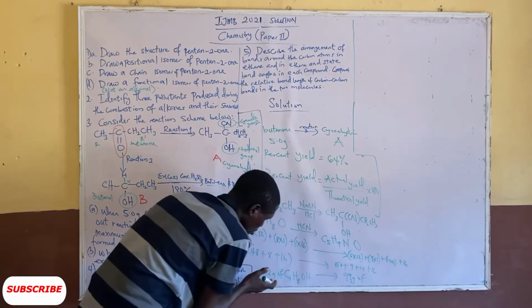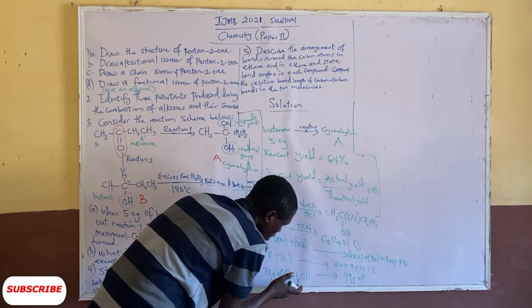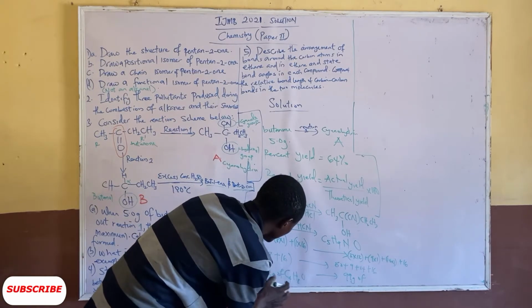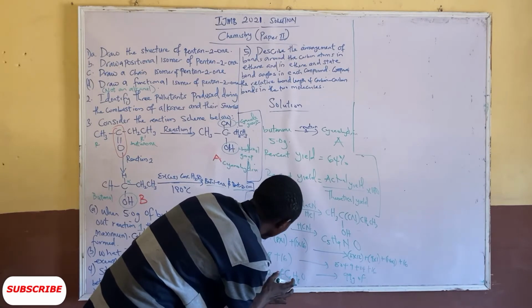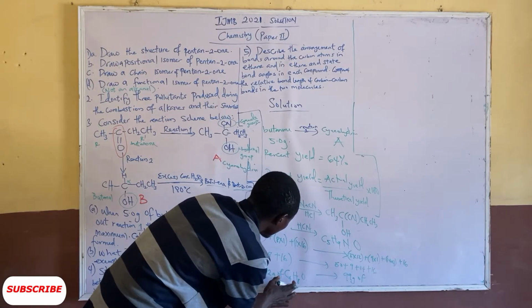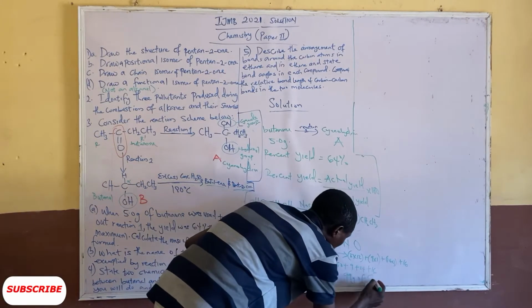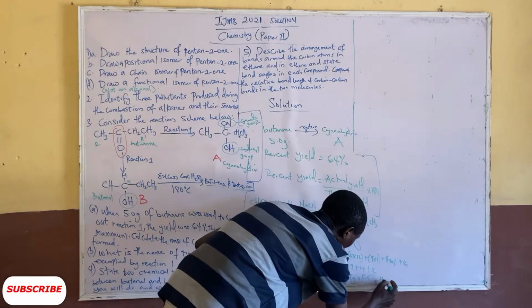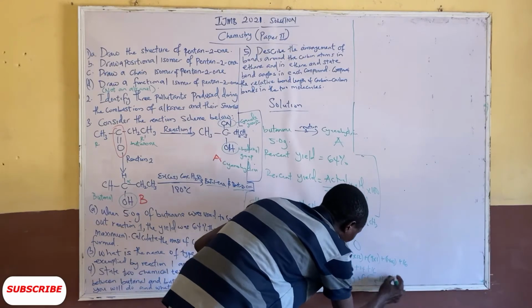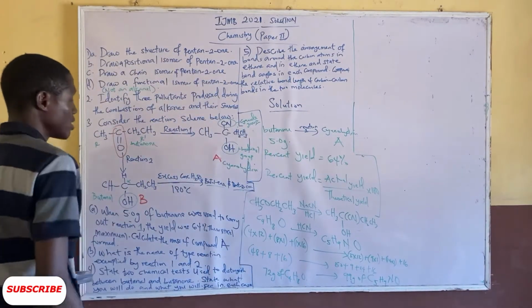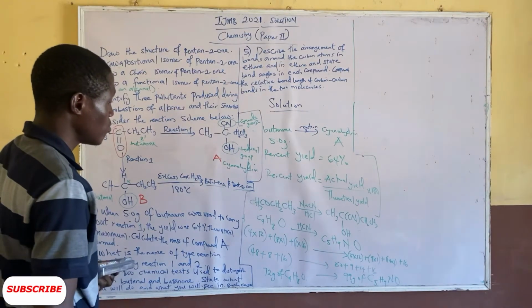So 72 grams of C4H8O produces 99 grams of C5H9NO, the cyanohydrin. It's just simple arithmetic.